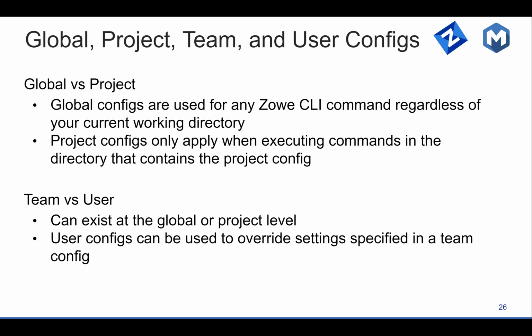And so a user config works very similarly to how a project config works. A user config is an additional configuration file that can override profiles specified in a team config, or it can also add additional profiles that are not specified in a team config.